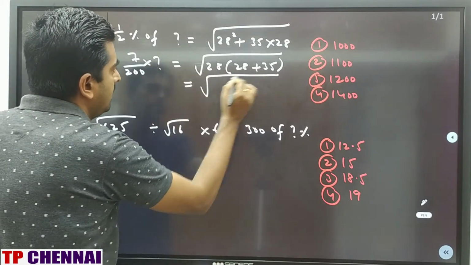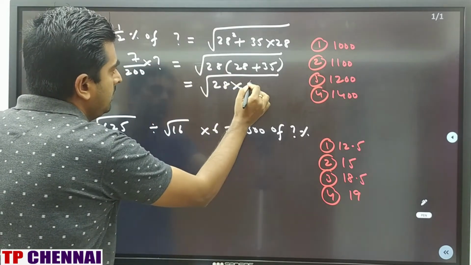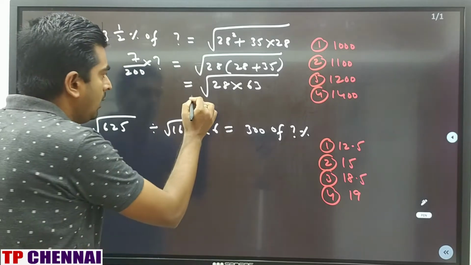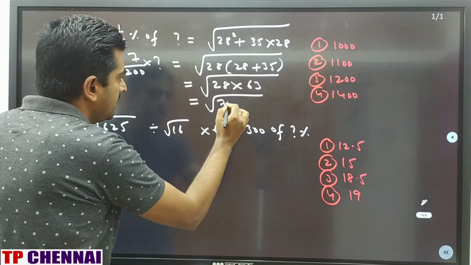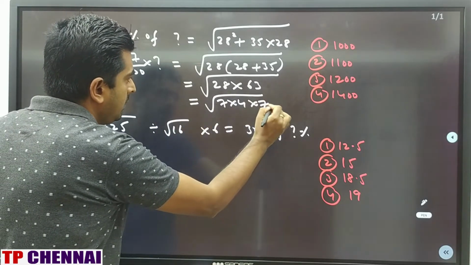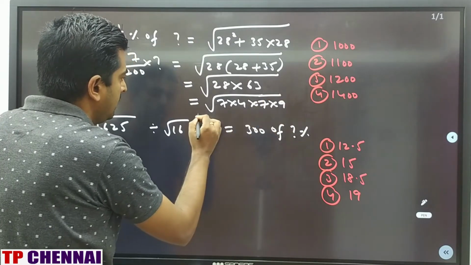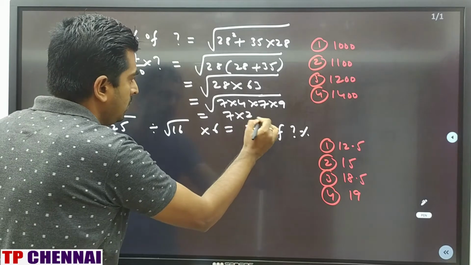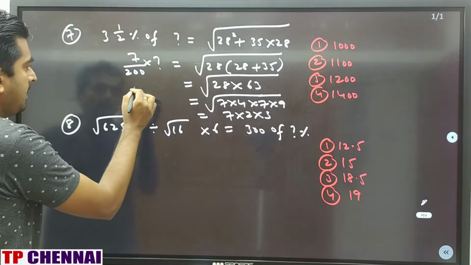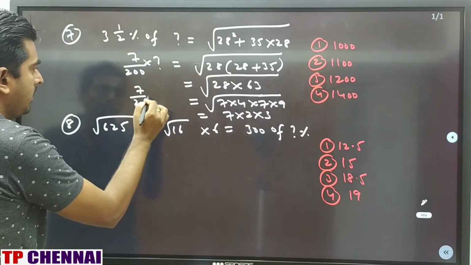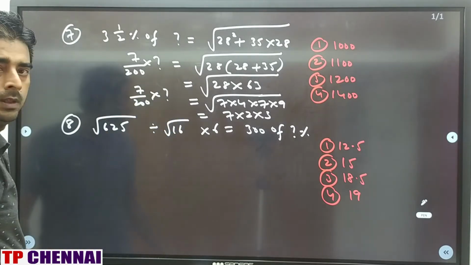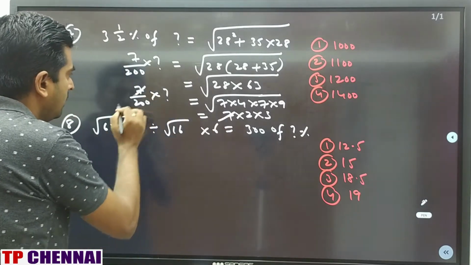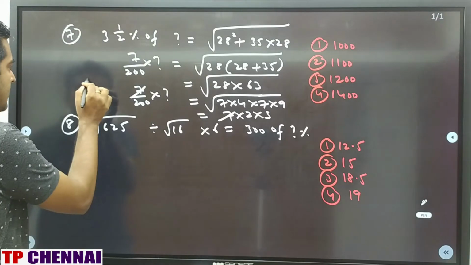This is 28 into 63. Now I am breaking this number as 7 into 4 and this is 7 into 9. So here I will be taking 7 outside, 7 into 2 into 3, and here I am having 7/200 into question mark. Right? So 7 and 7 will go out. 200 into 6, what is the answer?